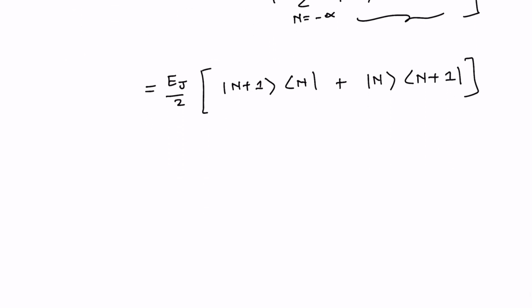By the way, we have to consider the first term also in the Hamiltonian, that was 4Ec (n cap minus nz) whole square.